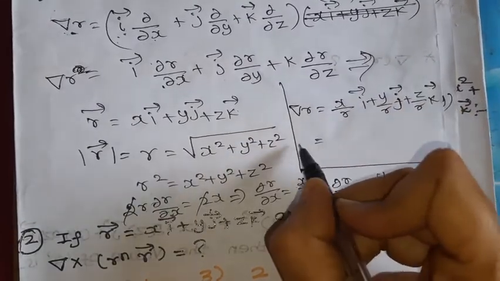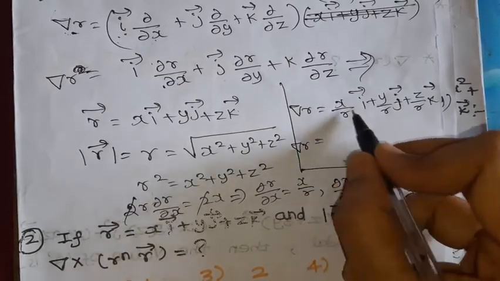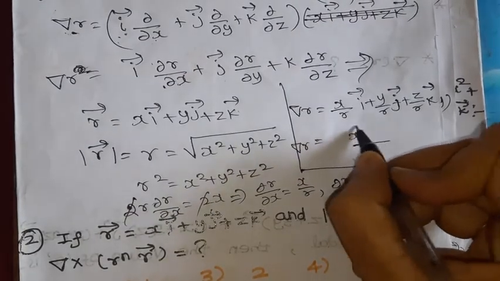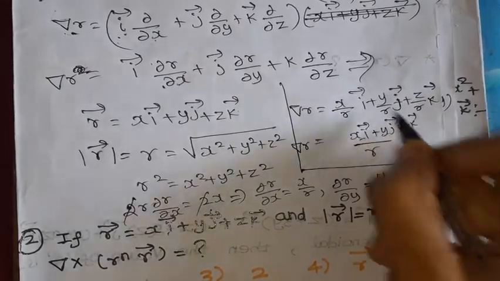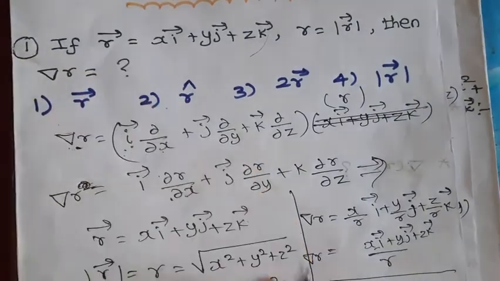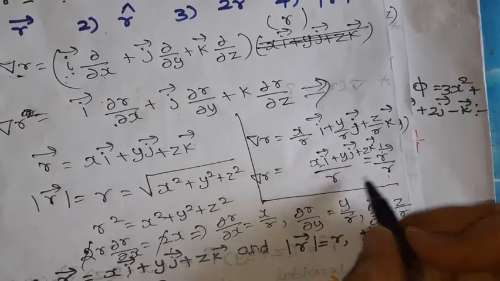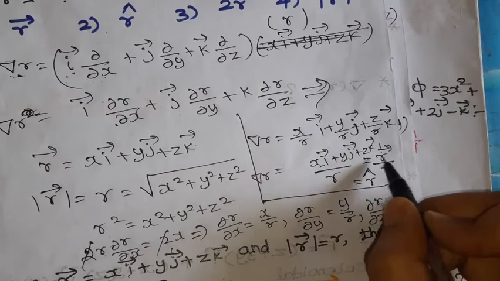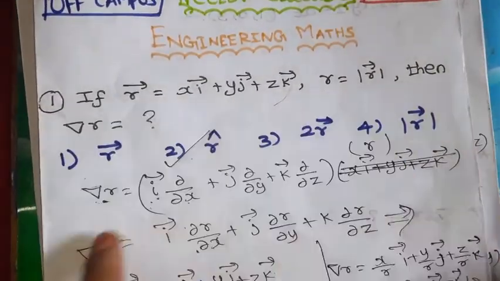Taking 1 by r outside, the numerator is xi plus yj plus zk, which is vector r. So vector r divided by r is nothing but r cap, the unit vector. So del r is equal to r cap. So option 2, r cap, is the right answer.